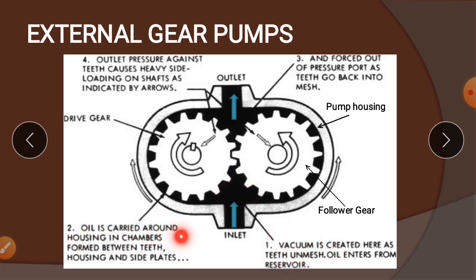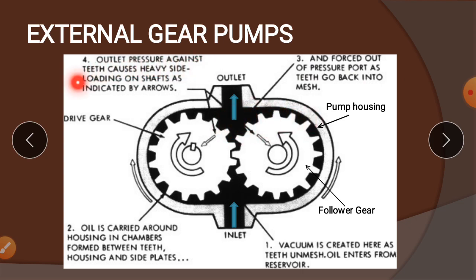The oil is carried around the housing in the chambers formed between the teeth, housing and side plates. So the liquid is transmitted in this direction by the trapped oil between the gear and the housing, and forced out of the pressure port as the teeth go back into mesh.